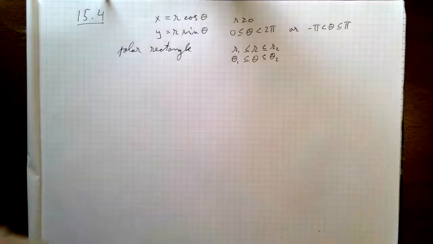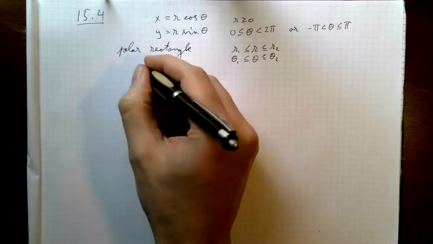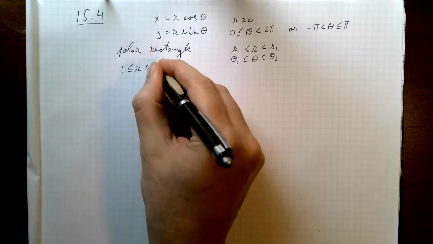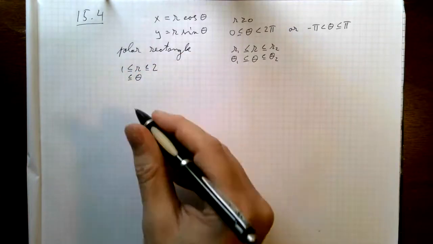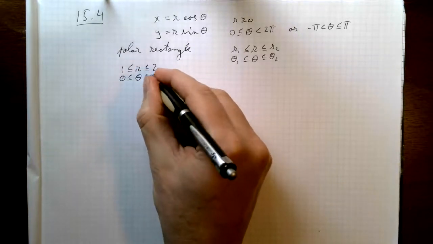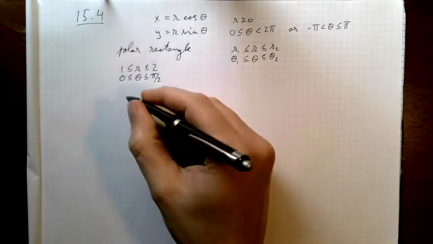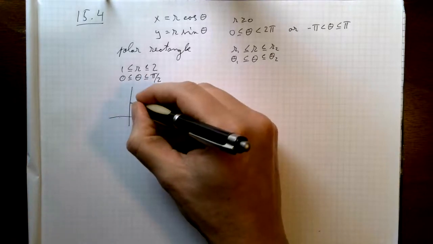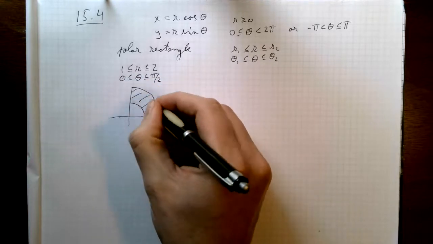So let's draw a couple of polar rectangles. What if r is between 1 and 2, and theta is between 0 and pi over 2? If I draw it in the plane, it's this set.